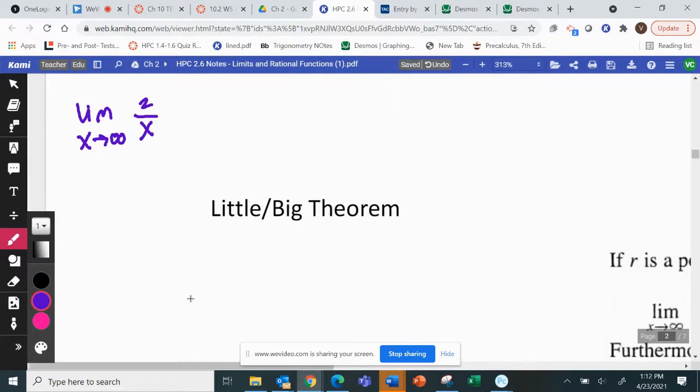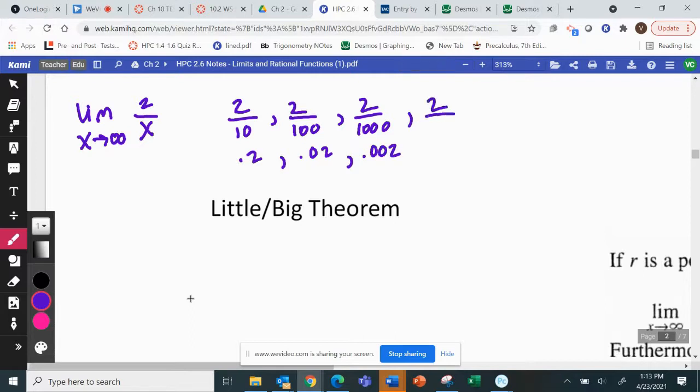So let's say 2 over 10. And then 2 over 100. And then 2 over 1,000. And then 2 over 10,000. 2 over 100,000.